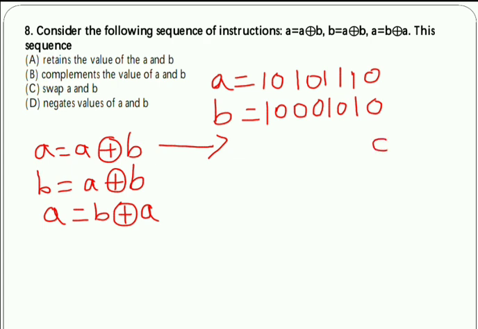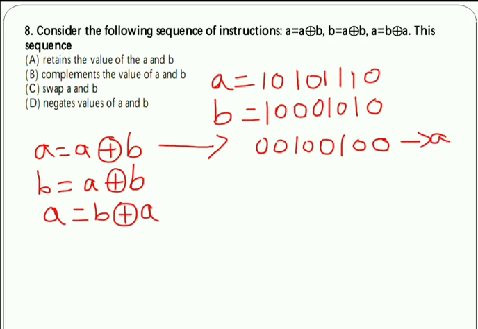So here 0, 0, 1, 0, 0, 1, 0 and 0. So now this is the new A value here, right? Next.